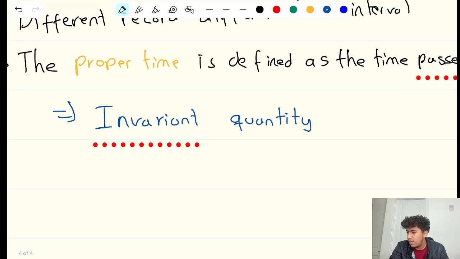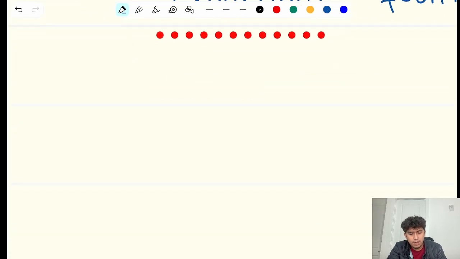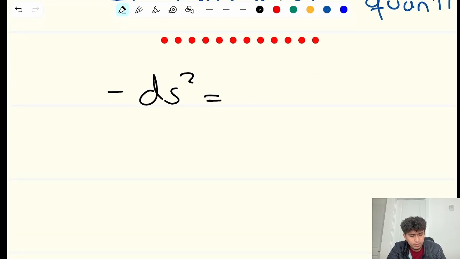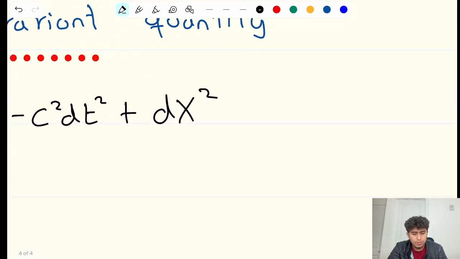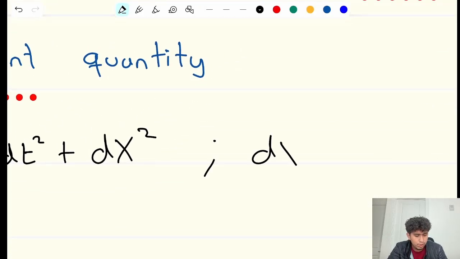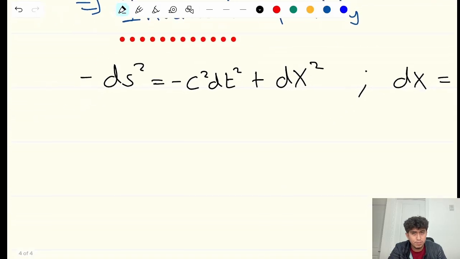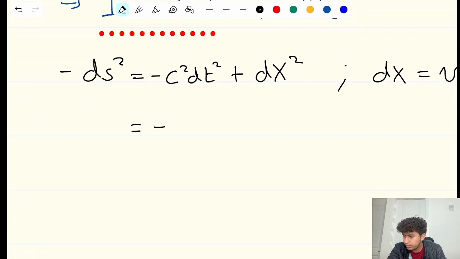Cool. So now, remember our invariant interval that we mentioned before? We're gonna get rid of the y and z components, and let's consider only one dimension. If we have a particle moving, we can say that dx is v times the time interval, it's just the speed times the time interval.